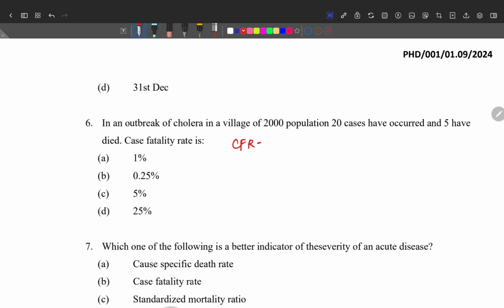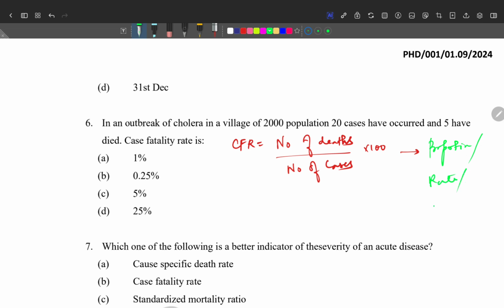Now the case fatality rate formula is number of deaths divided by number of cases into 100. So my question to you is, is it a proportion or rate or ratio? Think about this till then we'll solve the question.